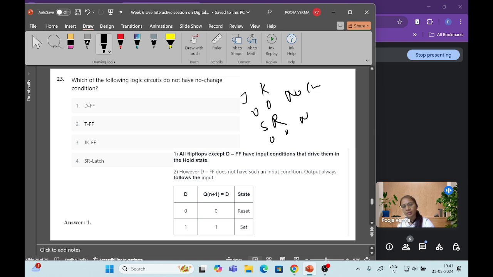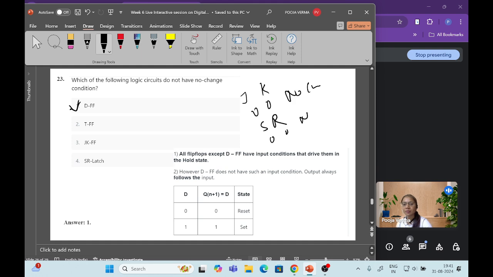But in a D flip-flop, whatever input we give is reflected to the output. If D is equal to 0, then the output will be 0, and if D is equal to 1, then the output will be 1.